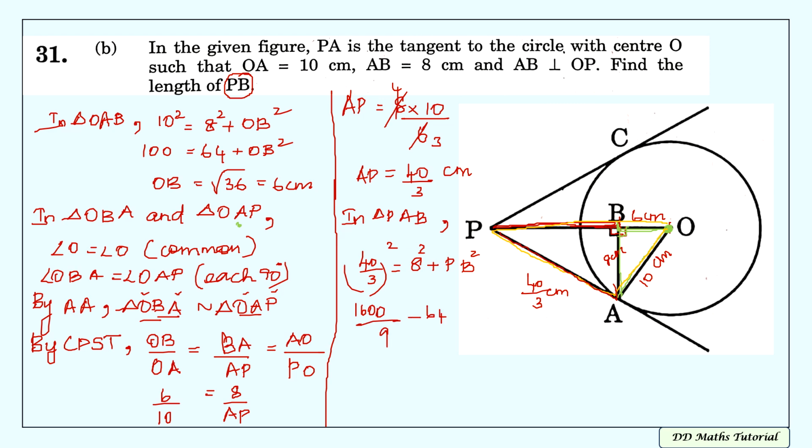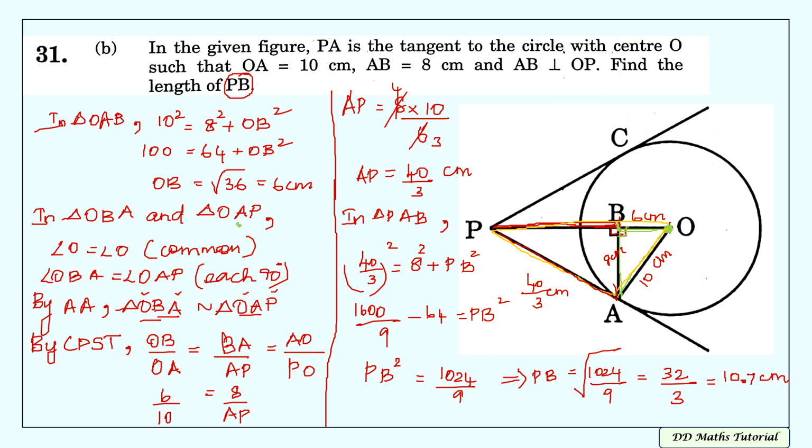Transposing minus 64, it is equal to PB square. Once you take LCM and simplify it, you get PB square equal to 1024 divided by 9, which implies PB is equal to root of 1024 by 9. Once you prime factorize, the root of 1024 is 32, and root of 9 is 3, which is 10.666, approximately 10.7 centimeter.